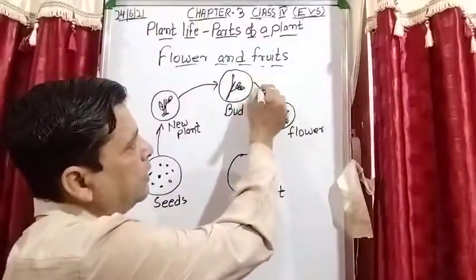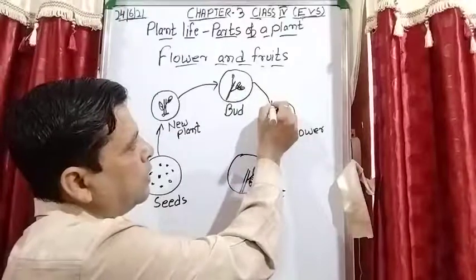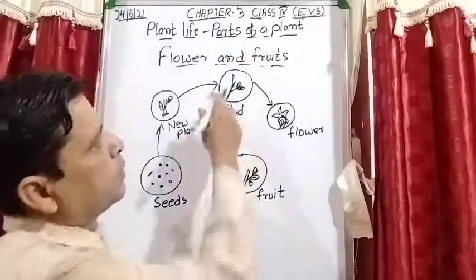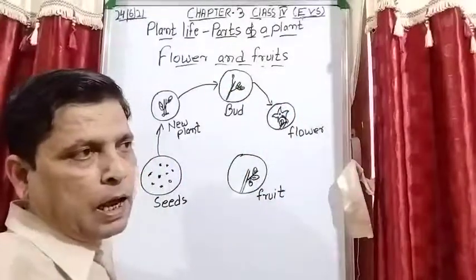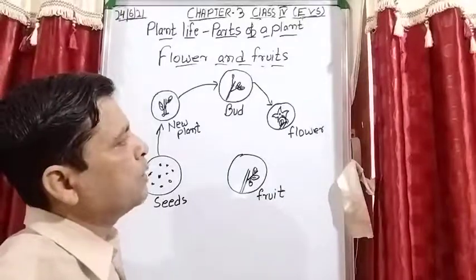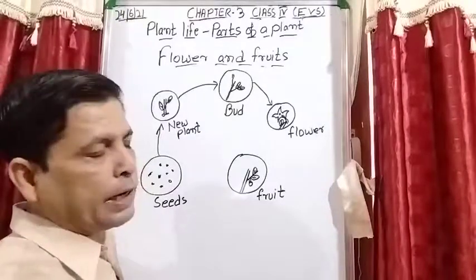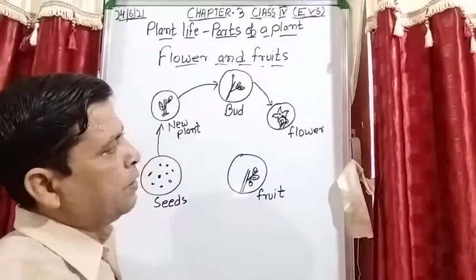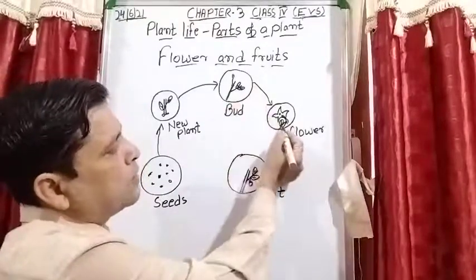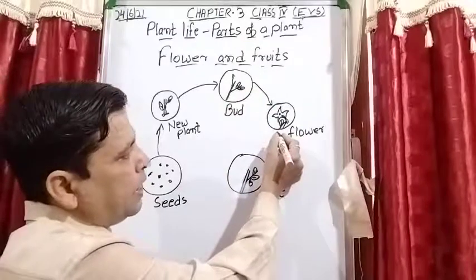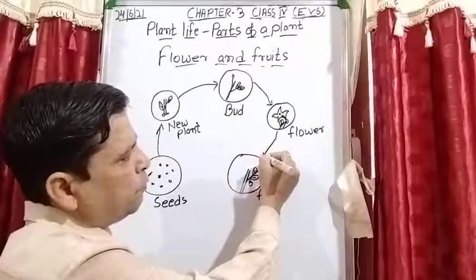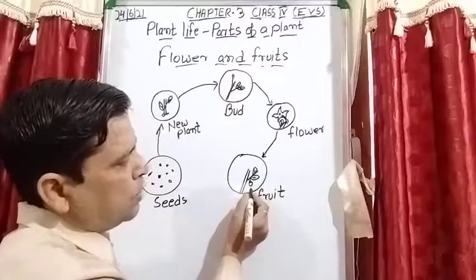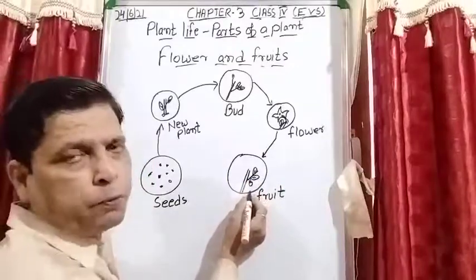After that, the outer covering of this bud is known as sepals. And when these sepals open, you are able to see the petals of the flower. So now this is a complete flower, and after that from this flower you will get the fruit.